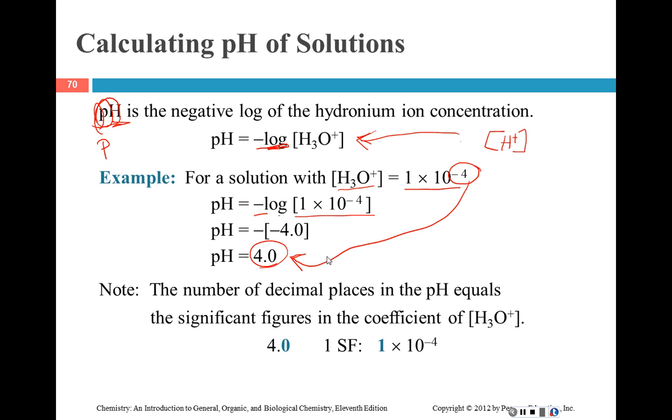If the hydronium ion concentration is 1 × 10⁻⁷, your pH is going to be, wait for it, 7. That's right. So pH is going to be whatever that exponent is, but not the negative, but the positive number, because you're taking the negative log of that.